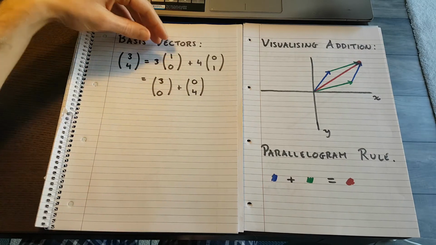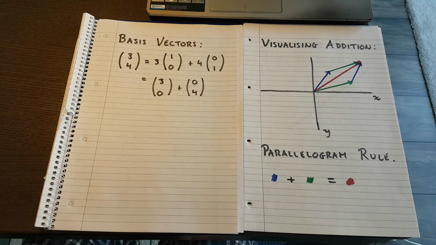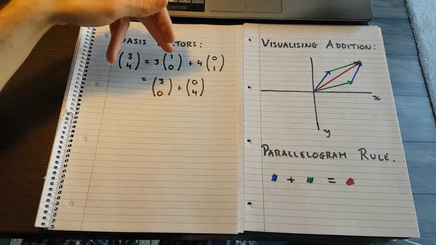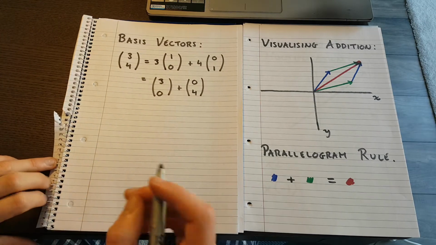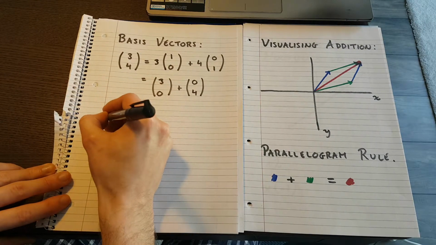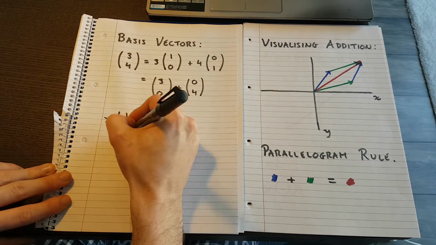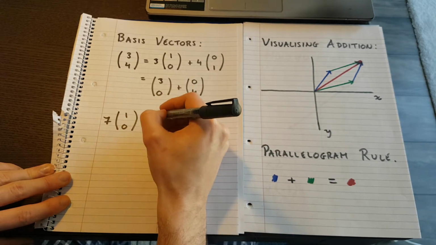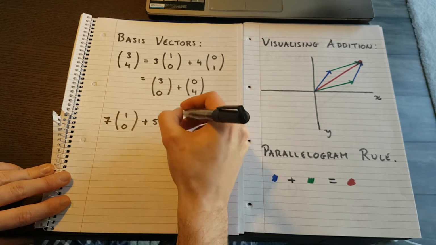So these vectors, 1, 0 and 0, 1, allow me to represent any vector in terms of 1, 0 and 0, 1, if I break it up in this way. For example, say I take 7 times 1, 0, plus 5 times 0, 1.